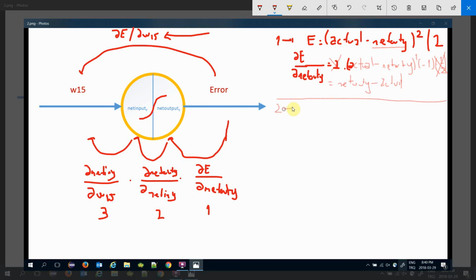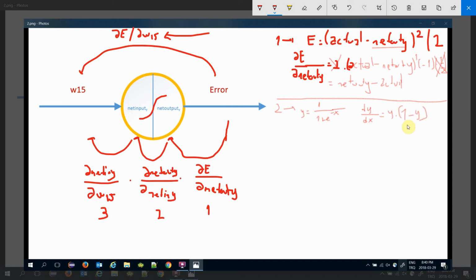Let's calculate number 2. Again, this unit applies an activation function, and we suppose that sigmoid is the activation function for this example. Please remember that the sigmoid function is 1 over 1 plus e to the power of minus x, and the derivative of the sigmoid function would be y times 1 minus y.